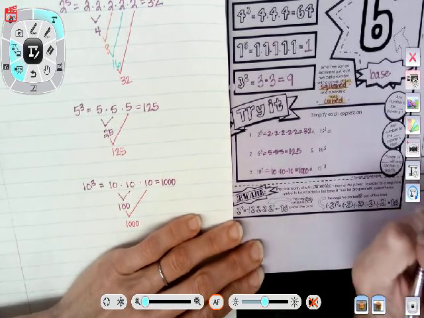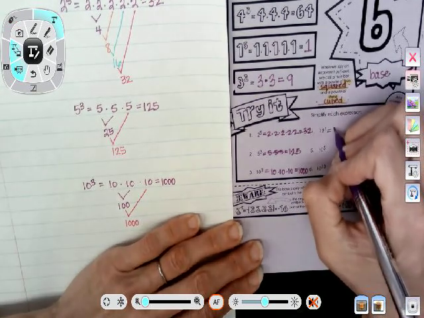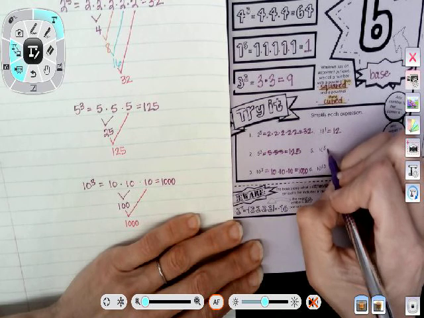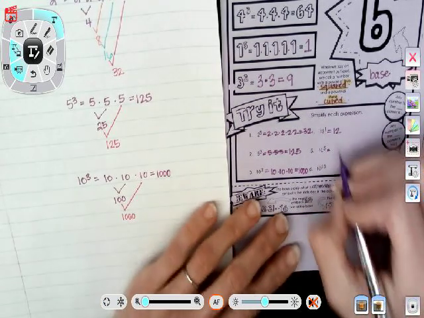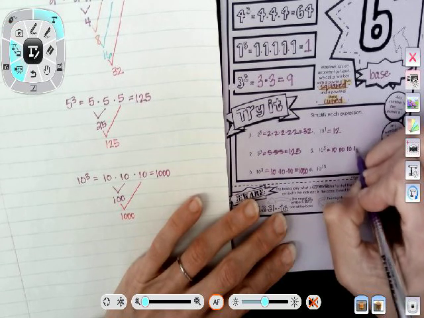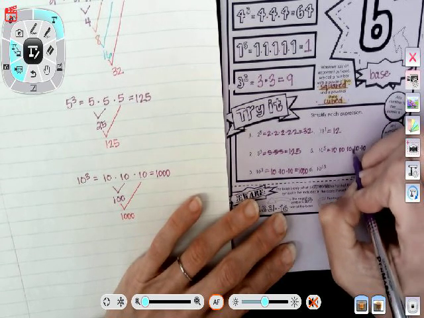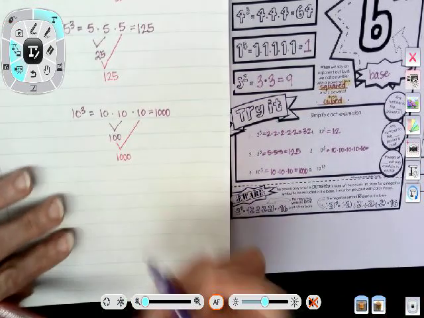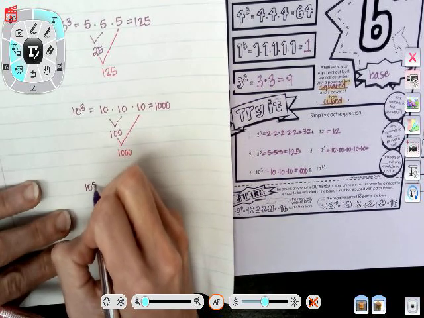12 to the first power. 12 to the first power just means 12. I'll just write 12 once. Easy. 10 to the fifth power. That means 5 tens all multiplying. So let's do that here. 5 tens all multiplying.